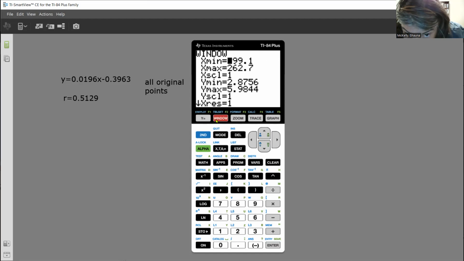Now I'm going to go ahead and quit from here. Get my window setting. My X is going to go from 0 to 300 and I'll scale it by 50, for example. My Y minimum, I'll go from 0 to 6. Scale this by 0.5 maybe, and graph that.